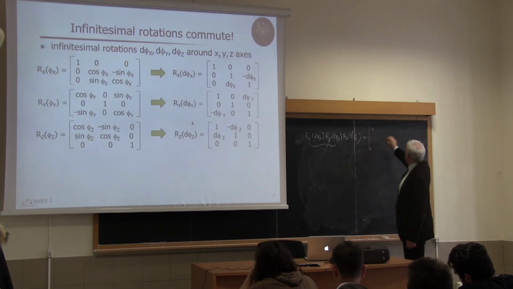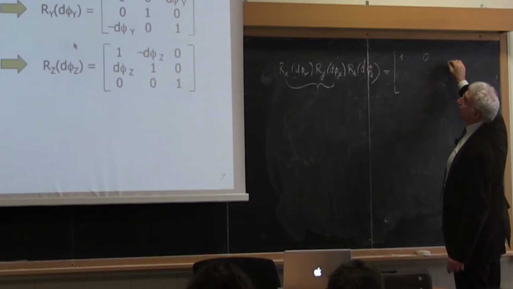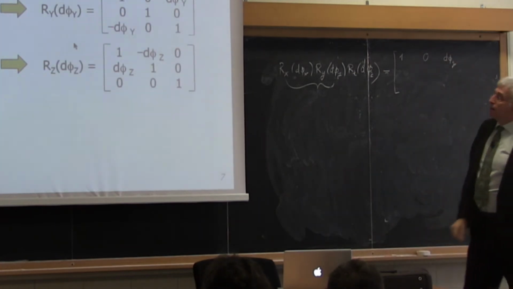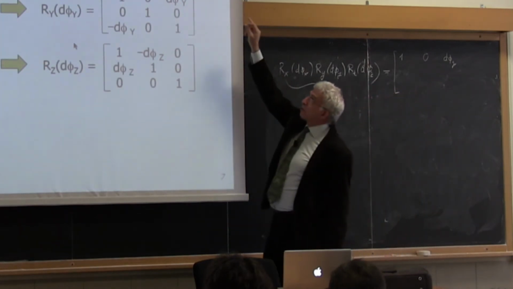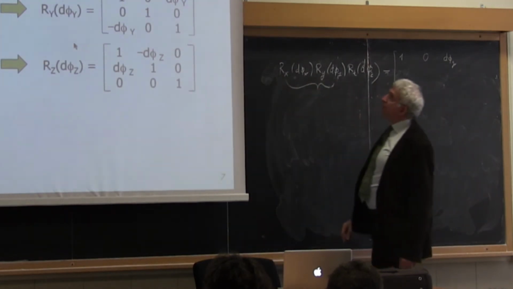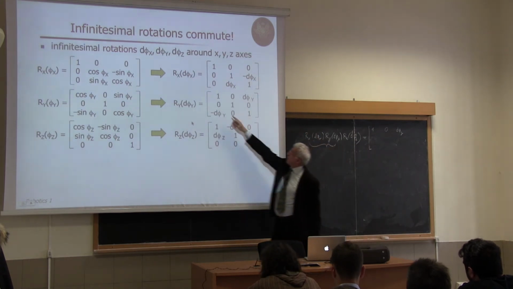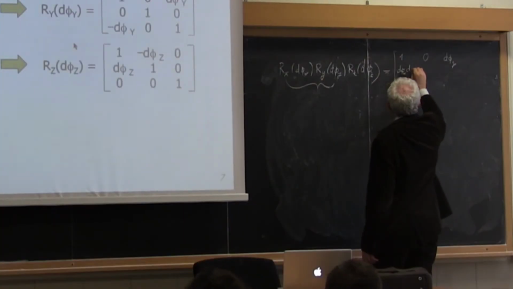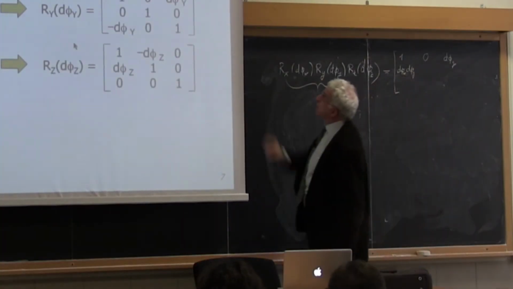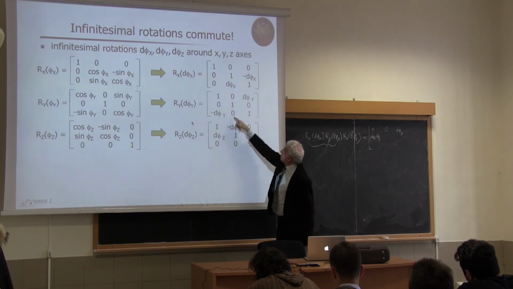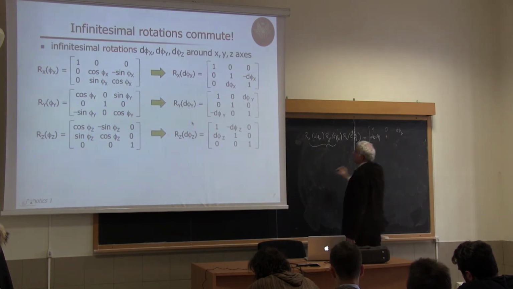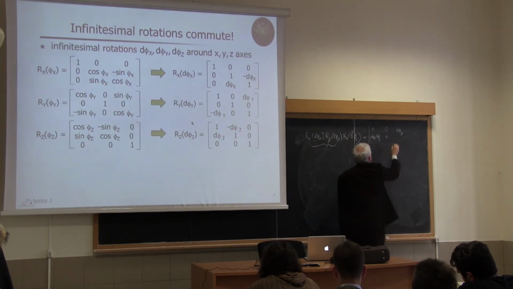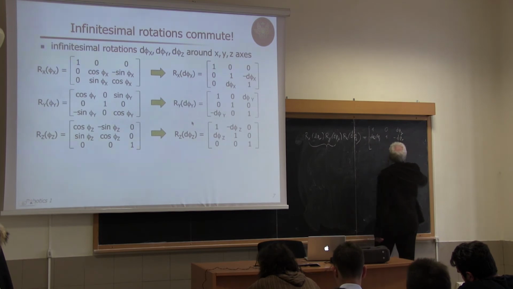Then same thing for the second, 0, and then d phi y. Then second row of Rx d phi, so 0, 1, minus d phi x, times this gives d phi x d phi y, the minus sign cancels, times this gives a 1, times the third column gives a minus d phi x.